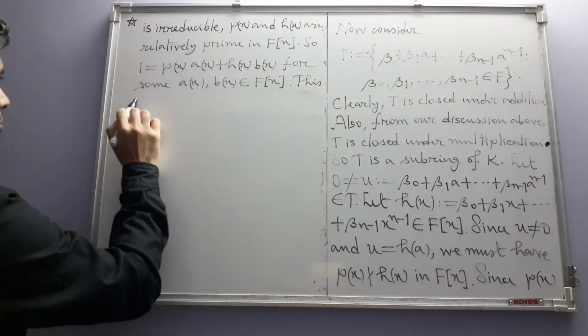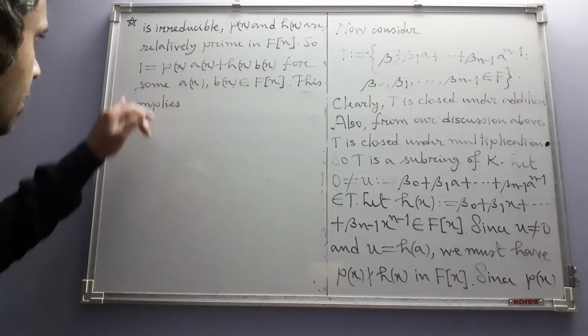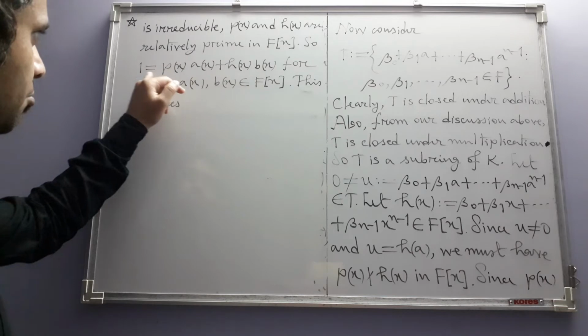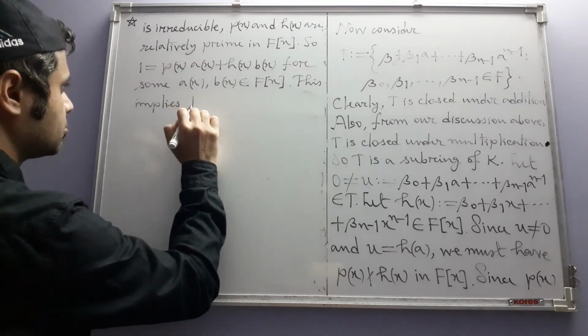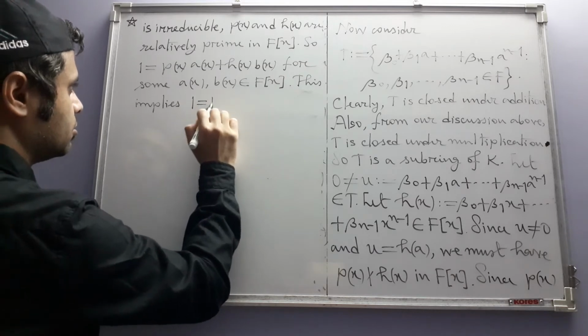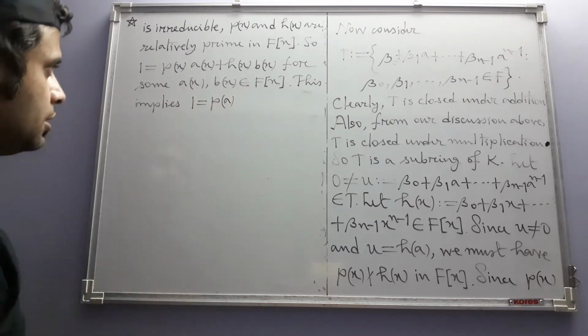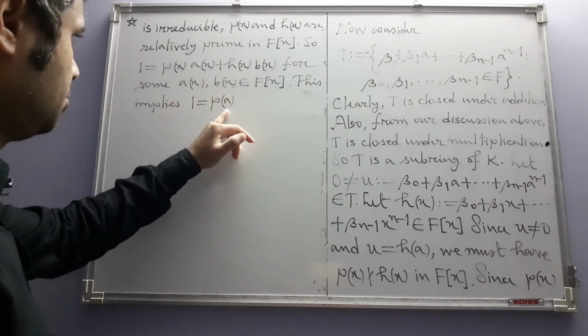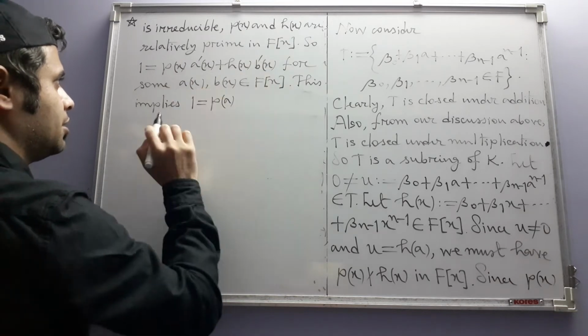This implies, now if we evaluate the polynomial on both sides at A, we get 1 equal to P(A)... this A we will confuse with that A. So let us take A prime and B prime.